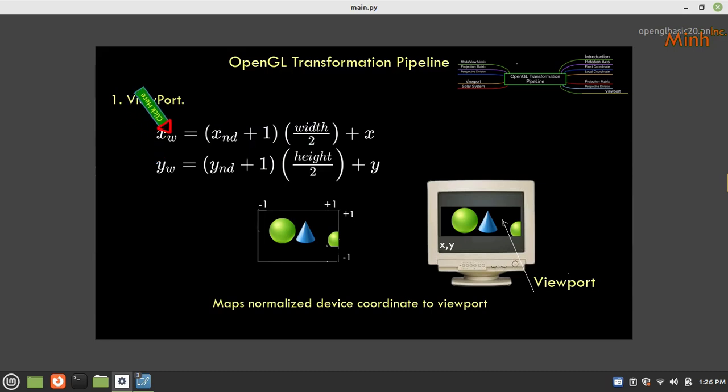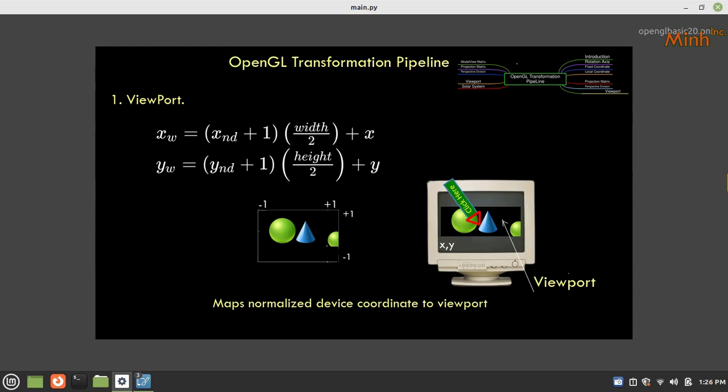So if x is 0, it means our coordinate is at the center if it is -1 to 1. And if I am talking about this location, 0 from both directions, then it would be width by 2, height by 2, and x, y is also 0. So our model would be drawn at width by 2 and height by 2.